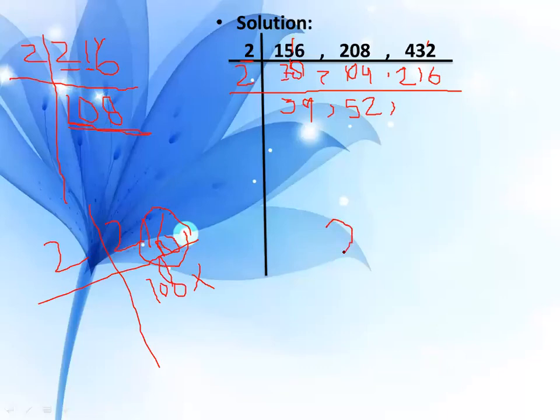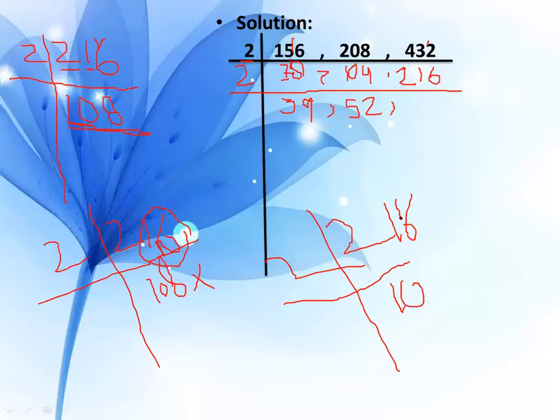Or simply, there are different methods to solve this: 2 multiplied by 10, 2 tens are 20, 1 is left, and 2 multiplied by 8 is 16. So your quotient will be 108, not 18. Okay, is that clear? Please tell me.